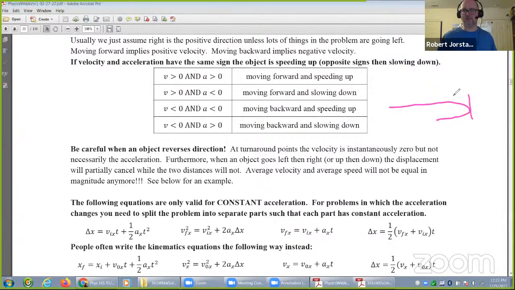Right at the spot where it turns around, up here, velocity was this way. Down here, velocity is that way. The turnaround point has velocity equals 0. So keep this in the back of your mind: at turnaround points, velocity is 0. However, not necessarily the acceleration.